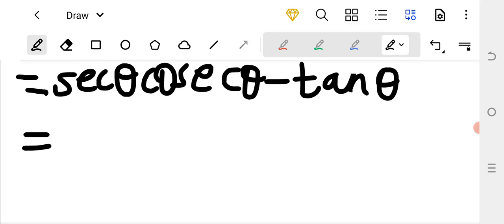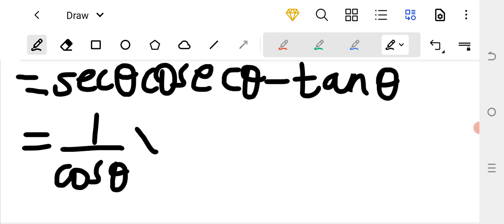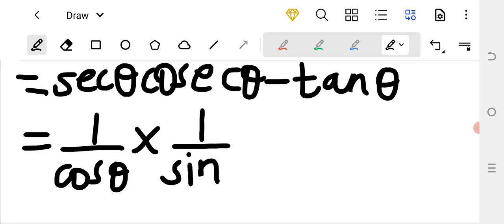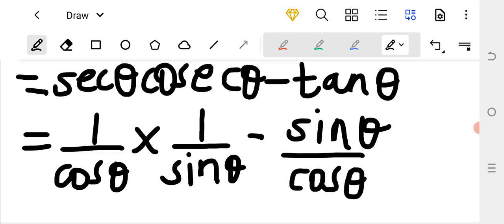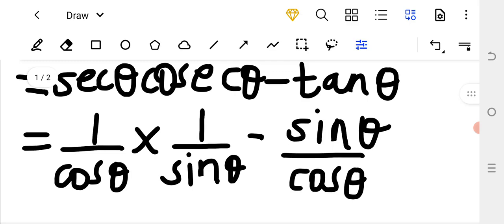Is equal to 1 over cos theta, times 1 over sine theta, minus tan theta, which is the same as sine theta over cos theta. That is something you need to know.